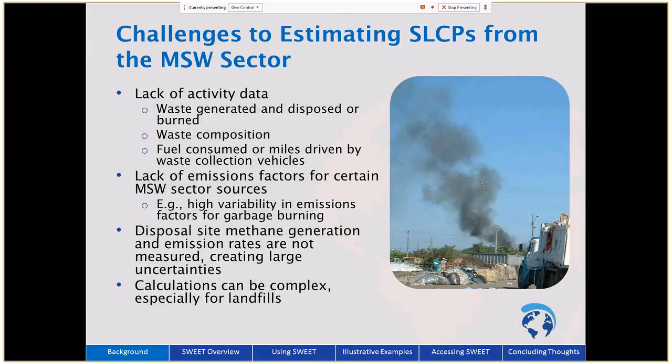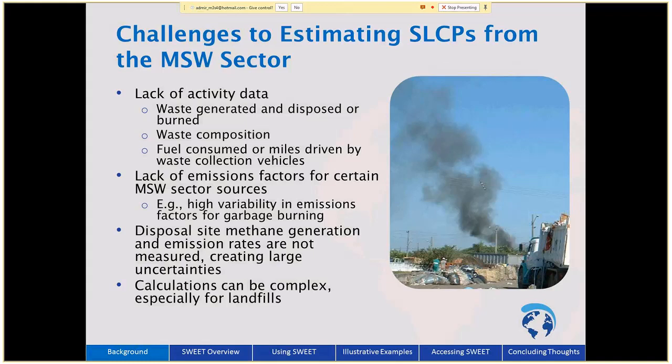For waste composition, we usually have incomplete information in many of the cities that are involved in the waste initiative. And lastly, many cities don't have complete data about the amount of fuel consumed or miles driven by their collection vehicles, and this is a challenge for estimating emissions.